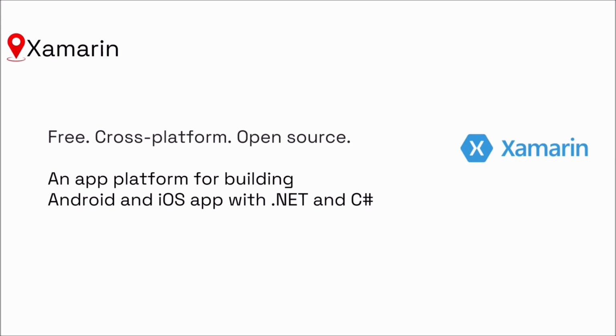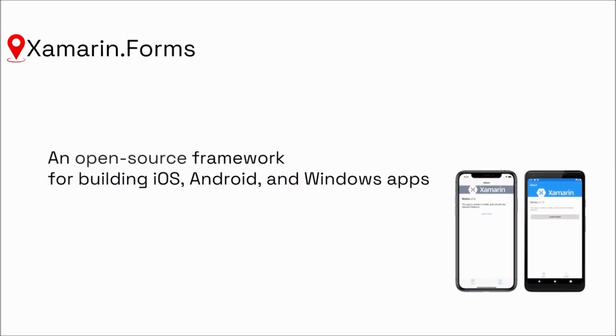You can use XAML, and a lot of libraries were created. Then we had Xamarin.Forms, which helps you build applications for iOS, Android, and Windows with .NET from a single shared code base. And it also has pages, layouts, and controls that help you build and design mobile applications from a single API.